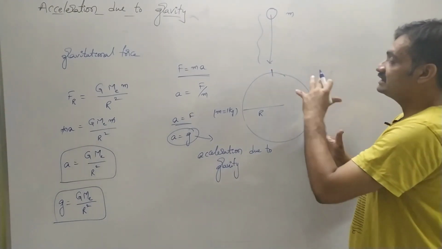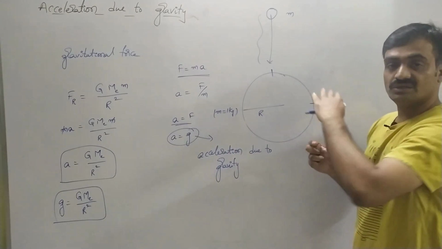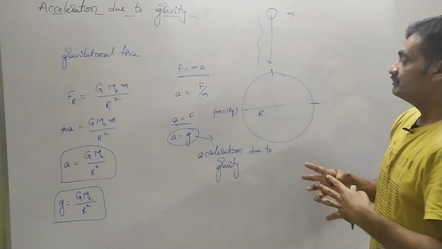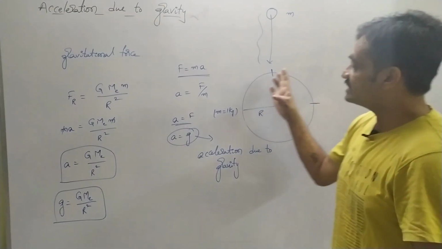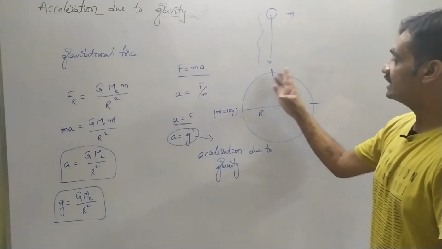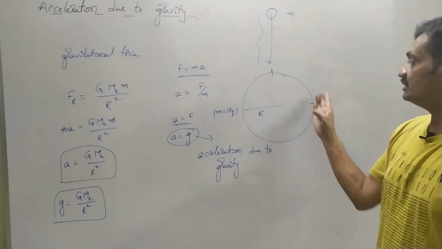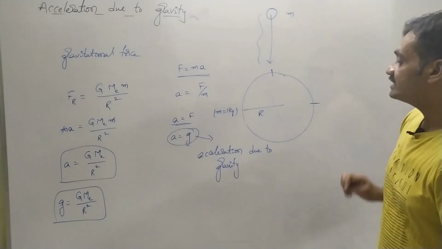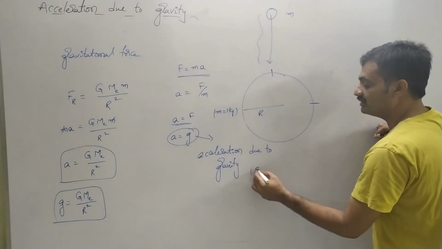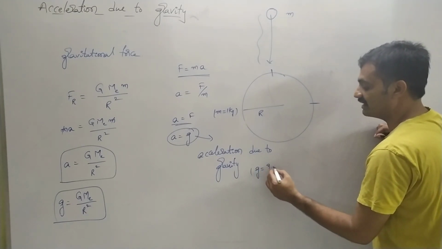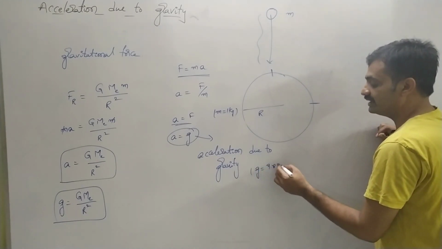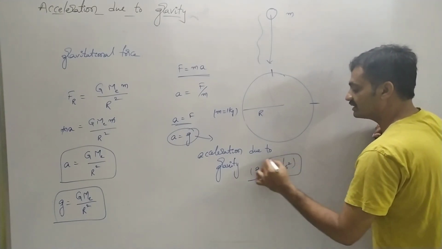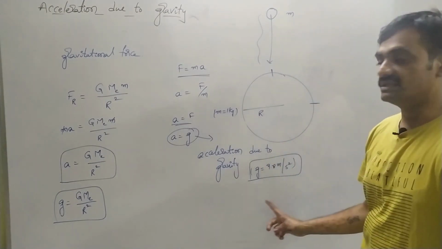We can also represent the acceleration due to gravity based on the latitudes as well as the rotation of the earth, and it varies with them too. Whereas the common value of acceleration due to gravity is 9.8 meter per second square. This is the value we consider in all the cases.